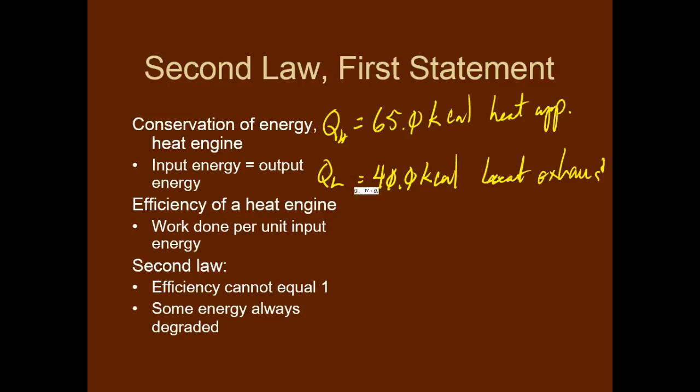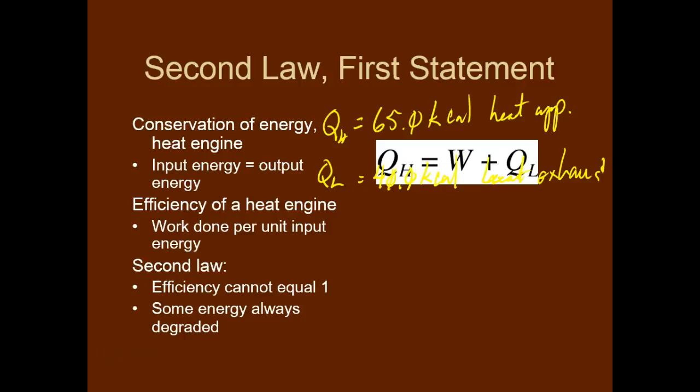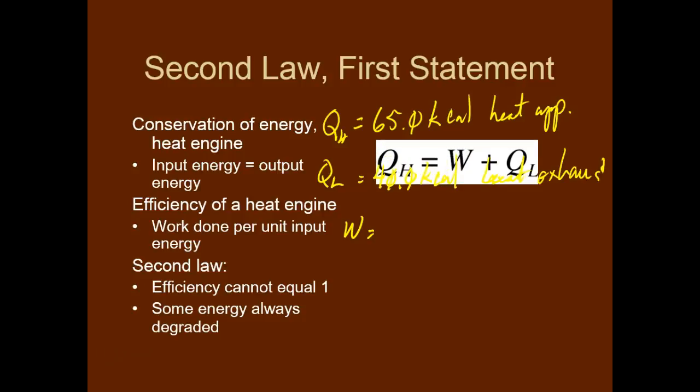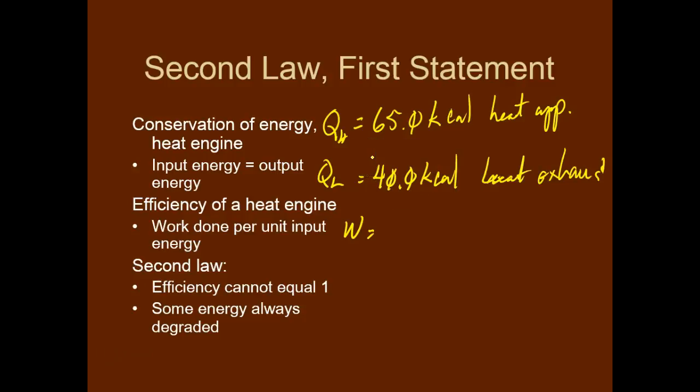What you reckon work is? Capital W, exactly. So what would be your work? Any idea? You divide that. Not divide it. Multiply. Not multiply. These are added, so you would subtract the QL from QH, and what would you get?